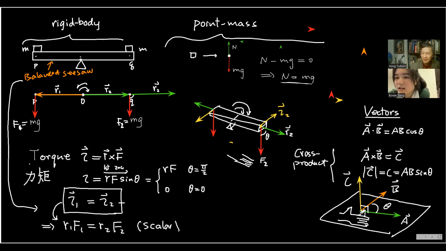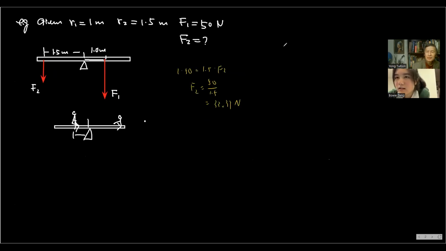If you push an additional force here, the seesaw will no longer be balanced and will move in this direction.